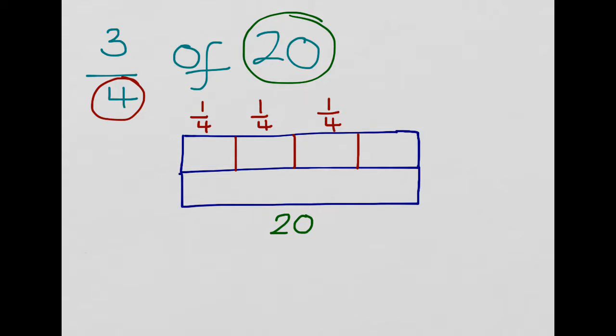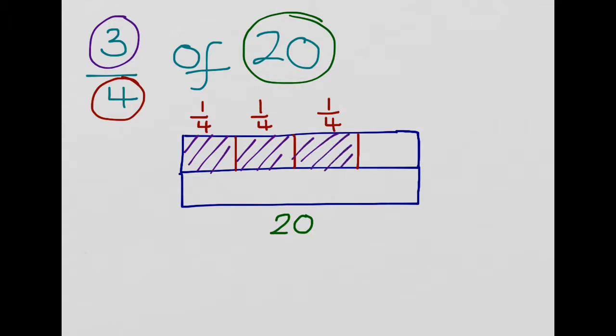Now the thing is, I actually don't want to find 1/4. I want to find 3/4. So the 3 is going to tell me how many pieces I need to shade in. And I need to shade in 3 of these.